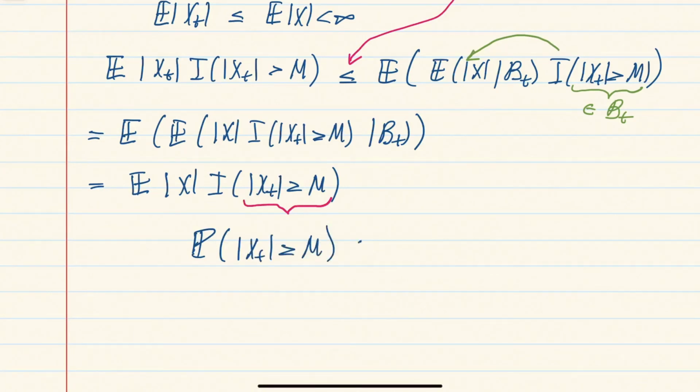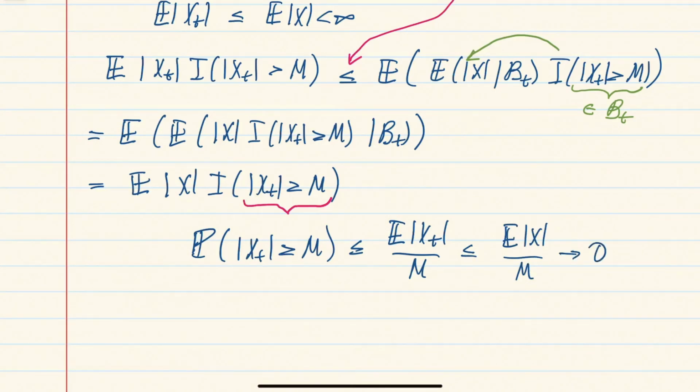If you use Chebyshev's inequality, this is bounded by the expectation divided by M. And we already control all expectations uniformly by the expectation of X. So you can make it as small as you like by choosing M large enough, uniformly for all t.